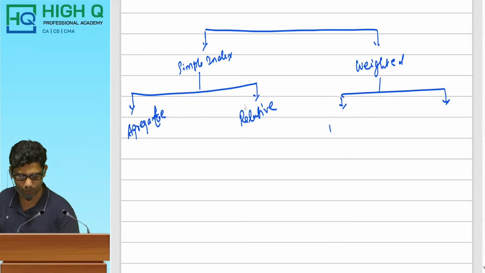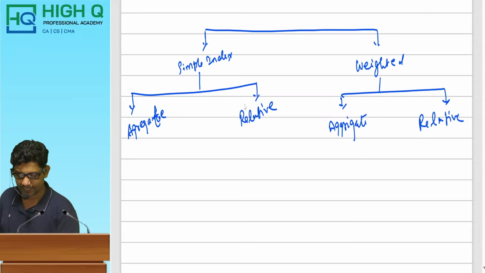Same for weighted also: aggregate and relative.